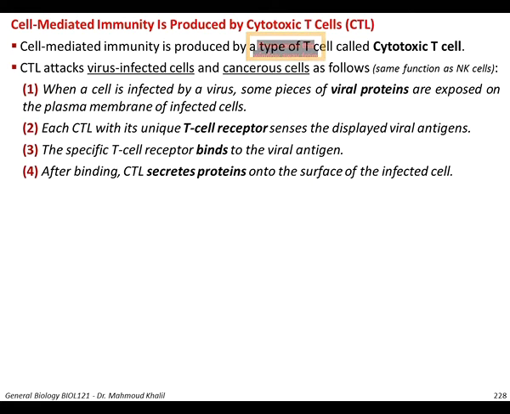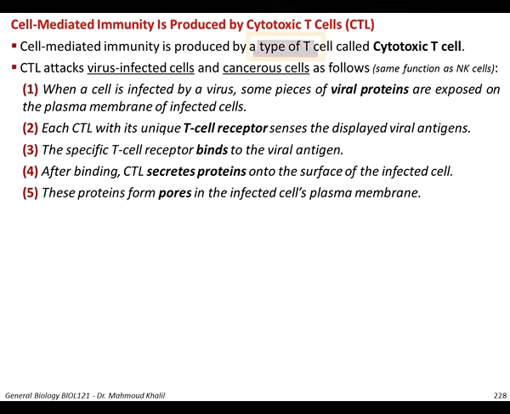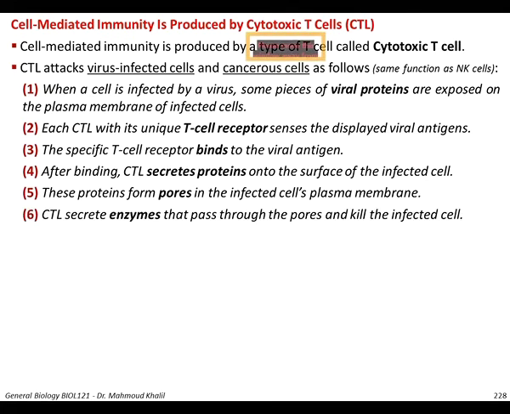After binding, the CTL secretes proteins onto the surface of the infected cell. These proteins make holes or pores in the infected cell plasma membrane, and then the CTL starts to secrete enzymes that pass through the pores and kill the infected cell. So basically, it is the same mechanism as NK cells.